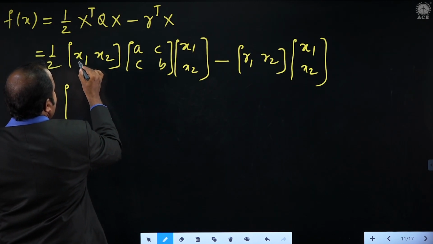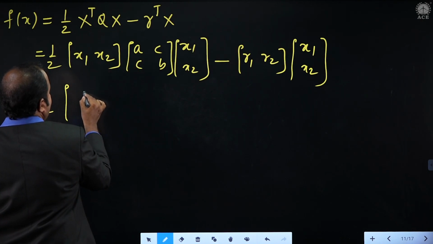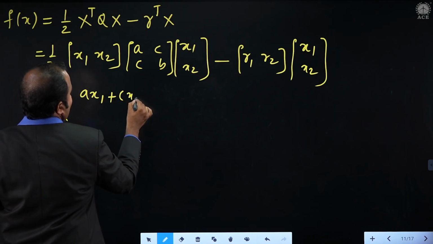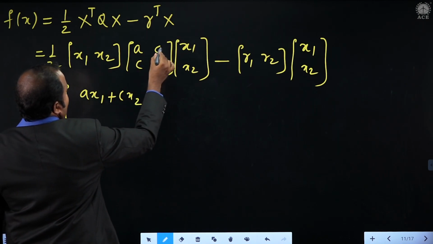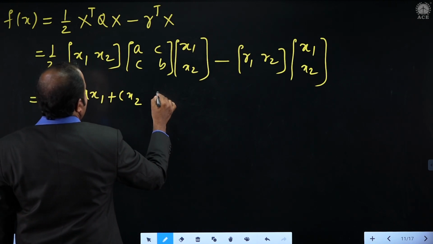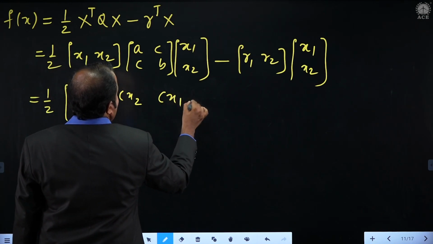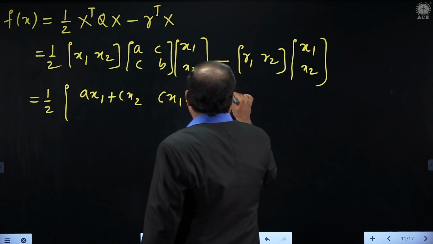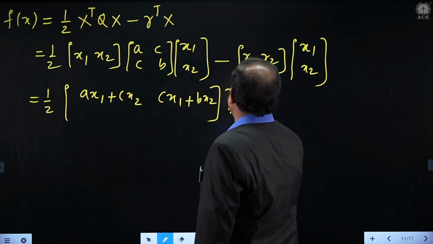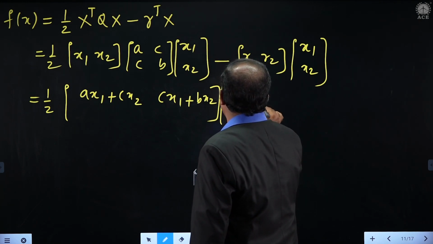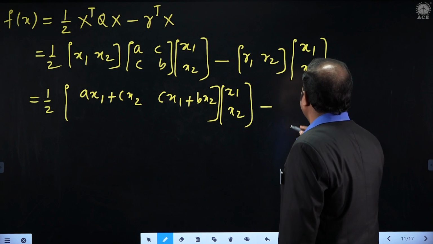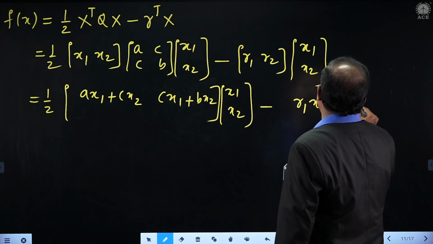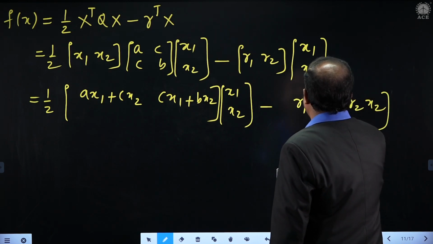Multiply these two. So, first row into first column, Ax1 plus Cx2. First row into second column, that is Cx1 plus Bx2 into x1, x2 only, minus multiplying these two, r1 x1 plus r2 x2 only, right.